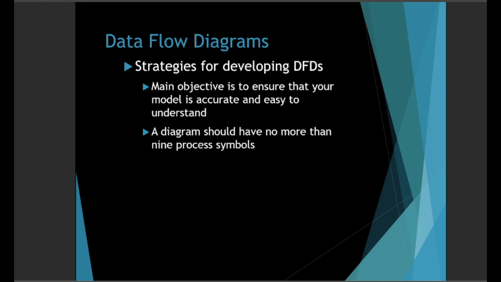That is one of the objectives of this data flow diagram, and there are no unnecessary illustrations. A diagram should have no more than 9 process symbols, otherwise it becomes another type of flowchart. A data flow diagram shows what a system does but not how it does it. Showing how it does it is for other types of flowcharts.